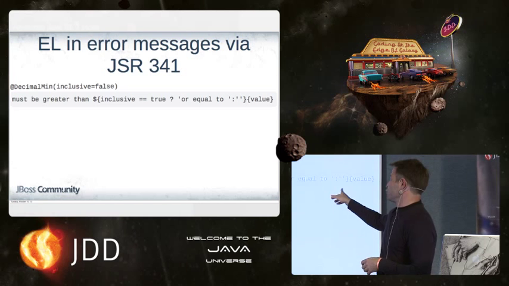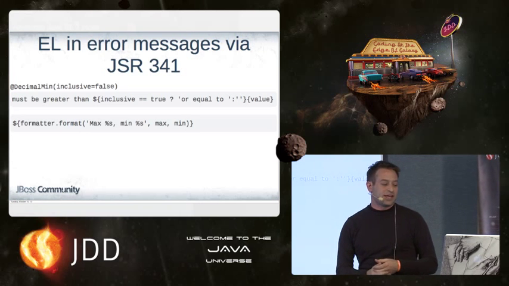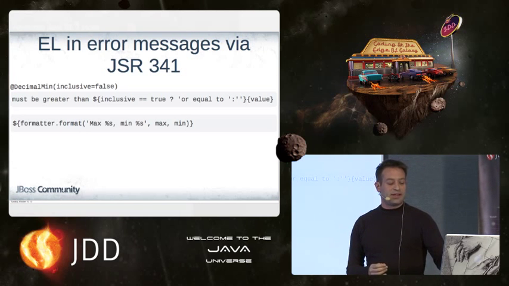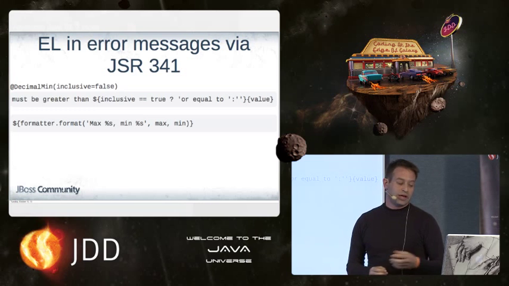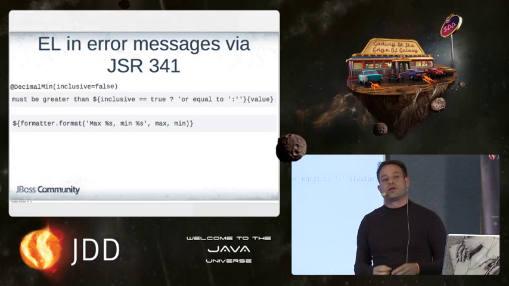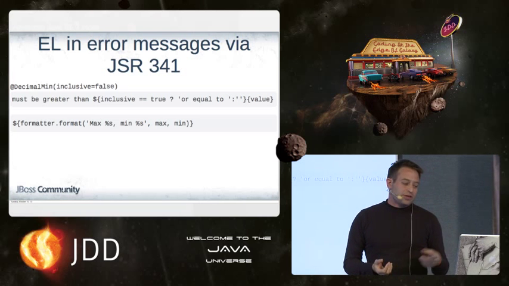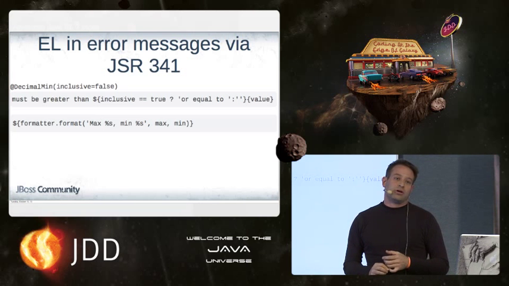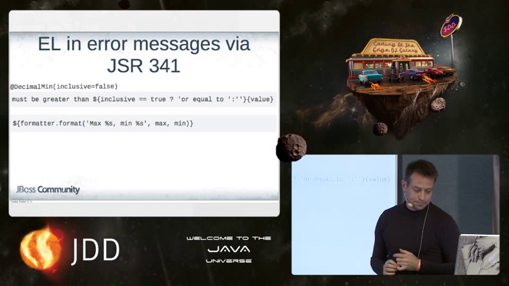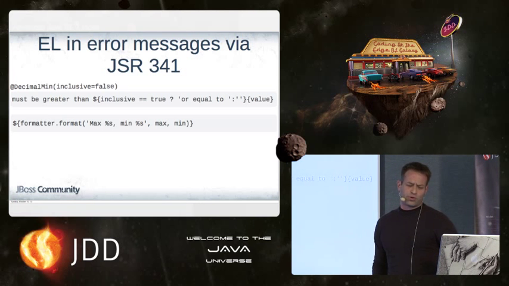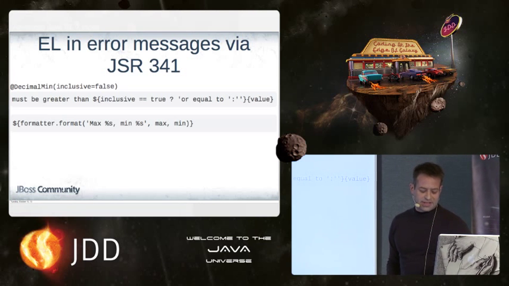And here we're saying exclusive equals true. If this flag is set, then you're adding the string "or equal to", and if the flag is false, it's the empty string. So now you can basically have these kinds of operators in your messages. And this was driven, partly at least, by this whole idea of DecimalMin and Max.